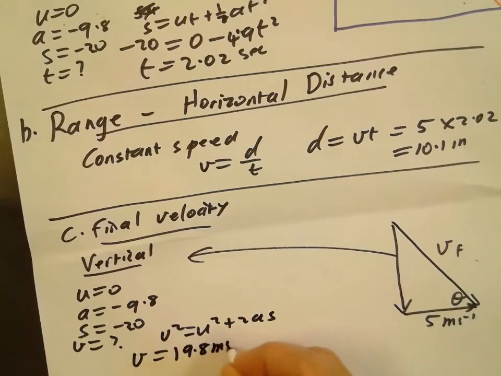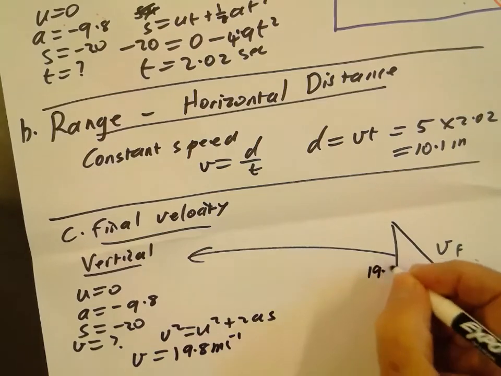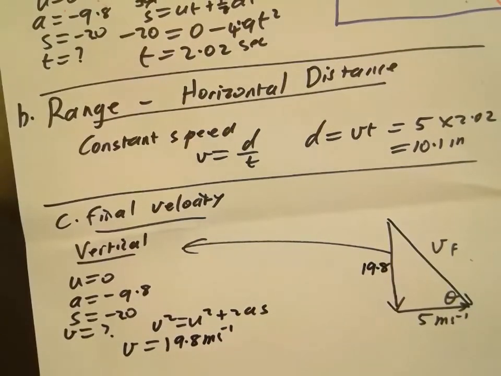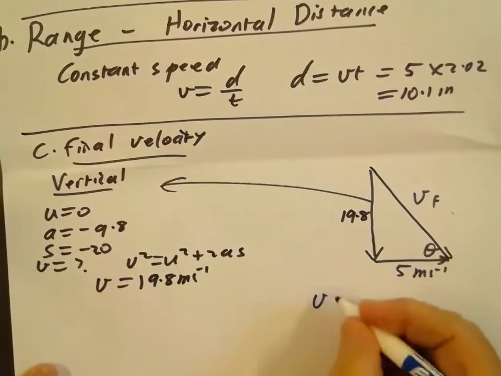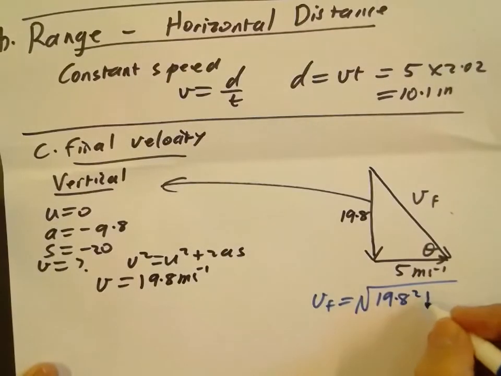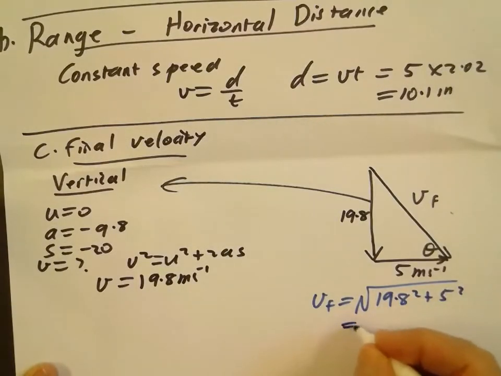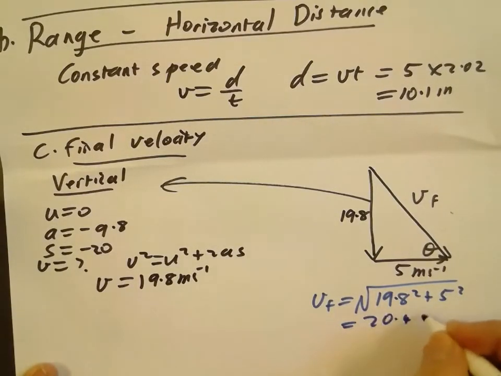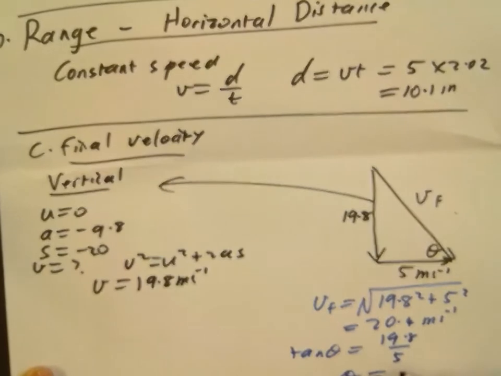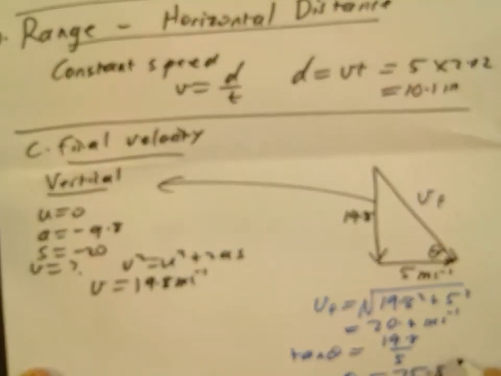So using a very traditional Pythagoras, v final equals the square root of 19.8 squared plus 5 squared. So v final equals 20.4 meters per second, and tan theta equals 19.8 over 5. Theta equals 75.8 degrees. So that takes care of the first half.